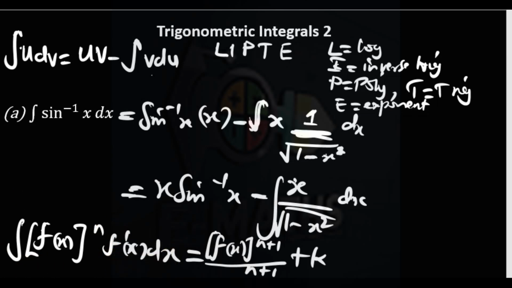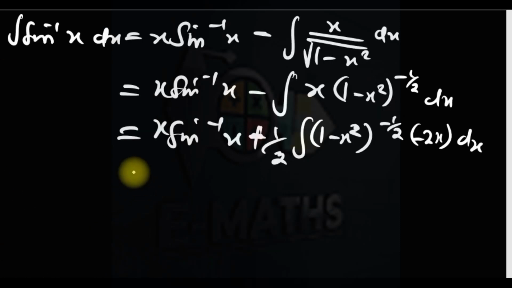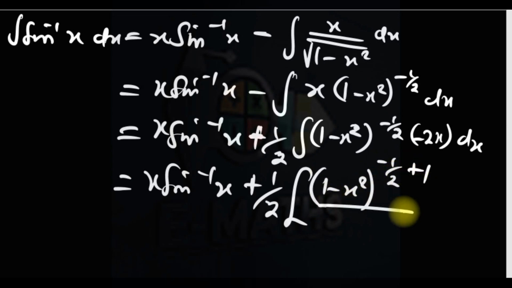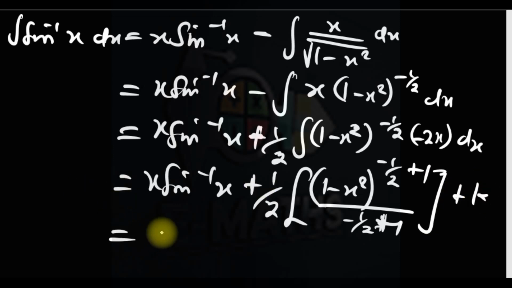So we can easily see that this is now equal to x sine inverse of x plus half times 1 minus x squared raised to minus 1 over 2 plus 1, over minus 1 over 2 plus 1. That's our n is minus half. So that's it, plus k. So let's finish up. That's our answer.